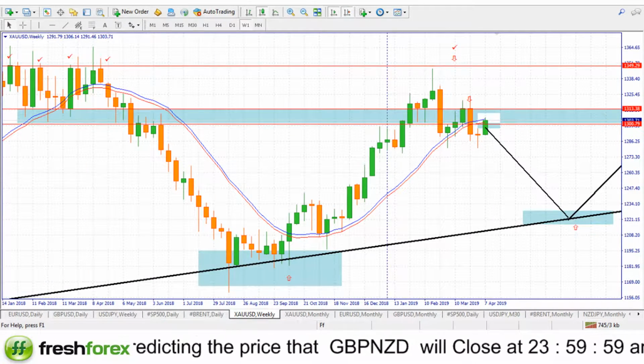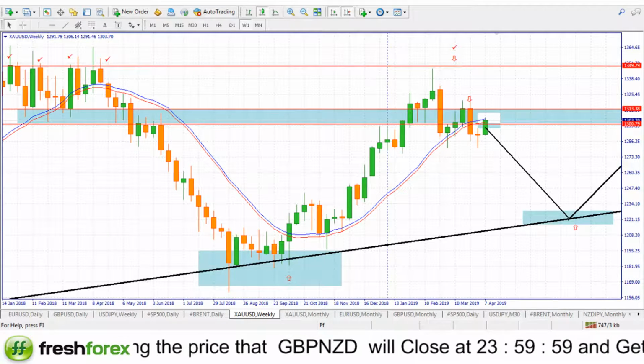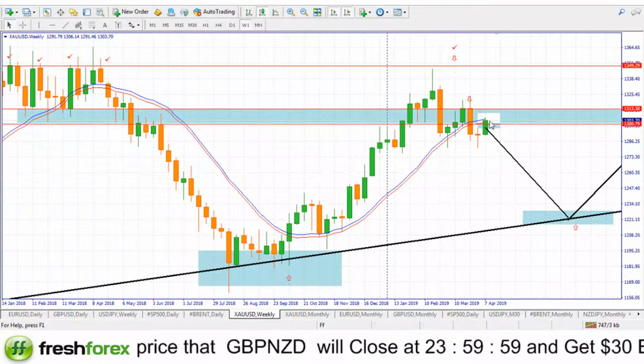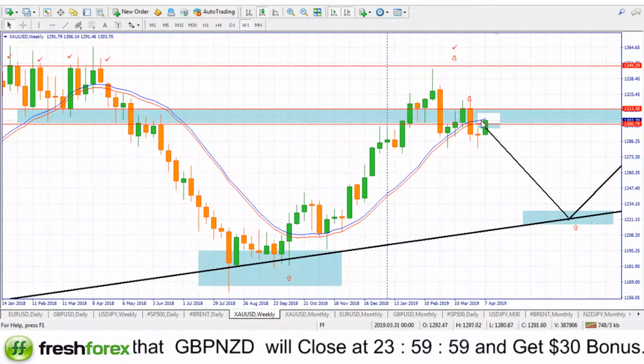On gold, we are still also looking for a sell. We basically want price to hold somewhere around this point, then we'll sell it.